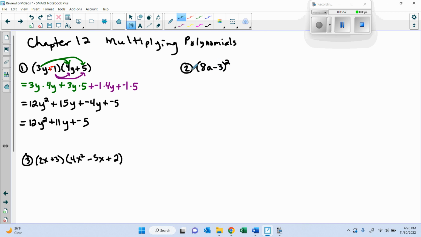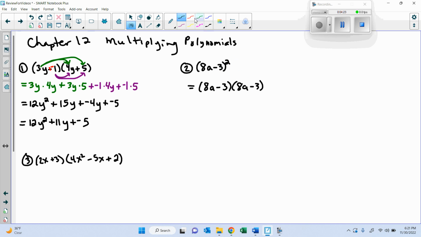So that means we need to actually do squared, and squared means to multiply something, which happens to be 8a minus 3, times itself. So that's what squared means. So you have to tell yourself, we cannot raise these because we can only do that if all that's inside is multiplying and dividing. We have subtraction, so we just need to do this.